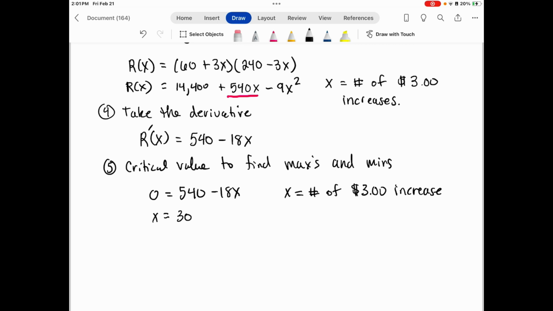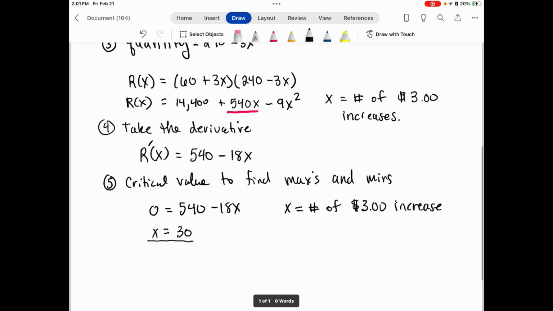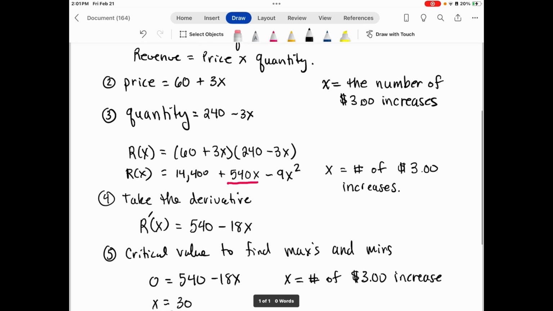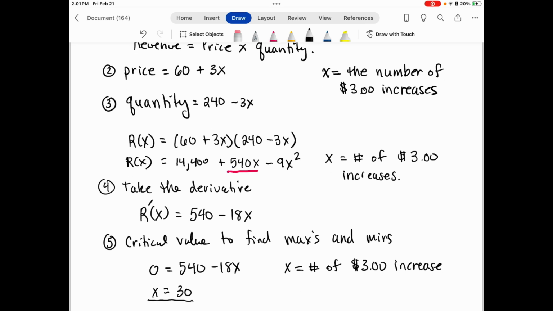How do I know for sure that this represents a maximum? I know that it's a maximum because when I look up here at our equation that we figured out for our revenue, notice that the leading coefficient is -9, and this is a quadratic, which means if we were to graph this, we would have an upside down quadratic function.